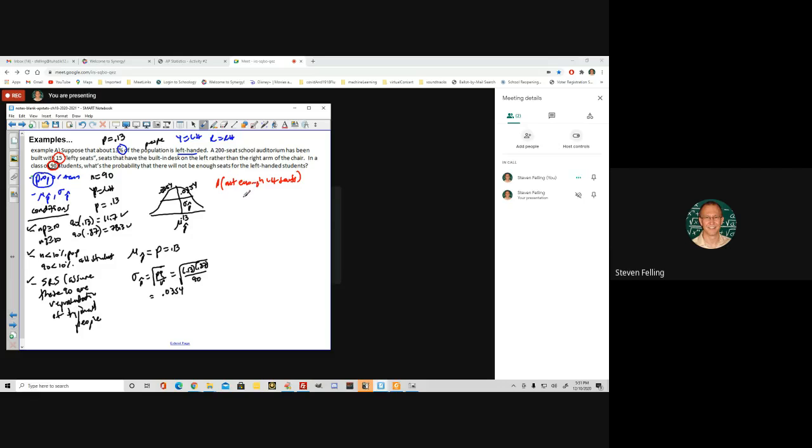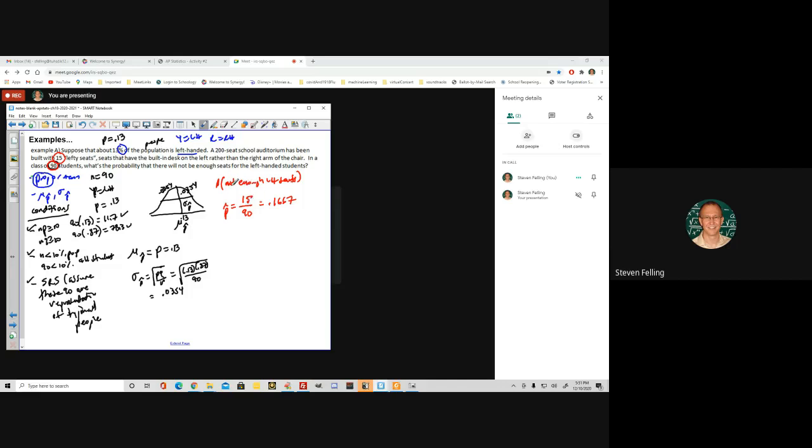The last time we would have enough people would be if there were 15 left-handed people out of 90. So I want to convert that into a proportion, like a p hat for a sample for a class. So if I had 15 out of 90, that would mean that 16.67% of the class was left-handed, right? So if 16.67%, then we'll have 15, and that means that we'll have enough seats, right?